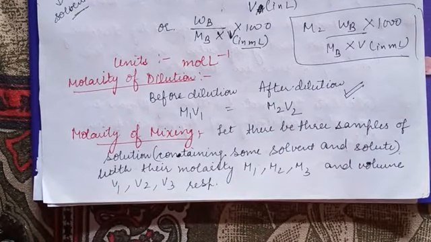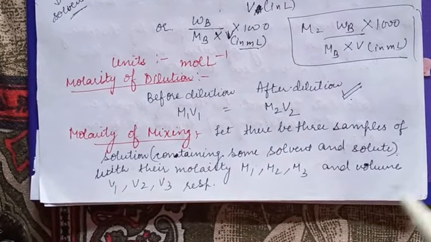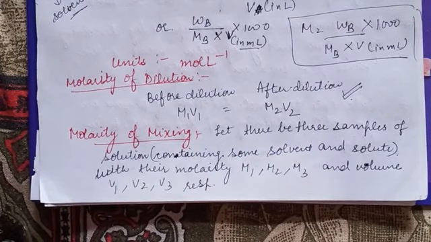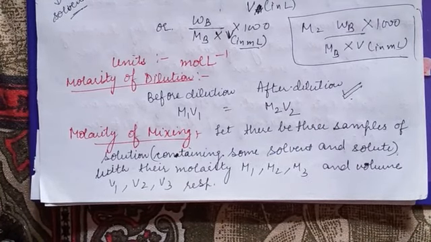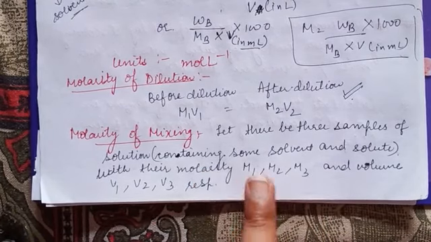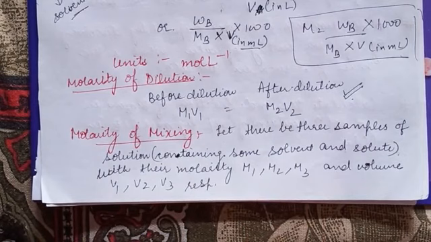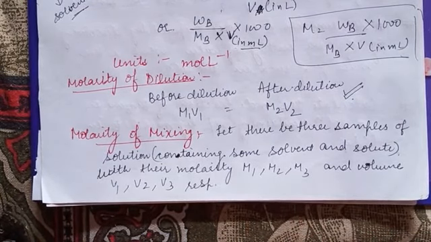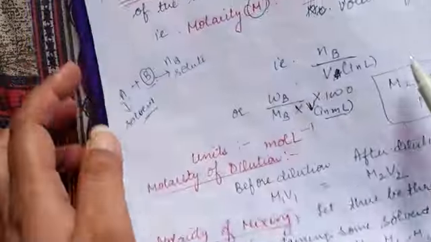Now the molarity of mixing, if you mix, like let there be 3 samples of solution containing some solute and solvent, with the molarities given, like each sample has molarity M1, M2 and M3, and their volumes respectively are V1, V2 and V3.